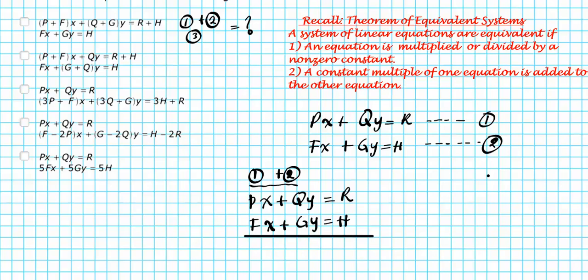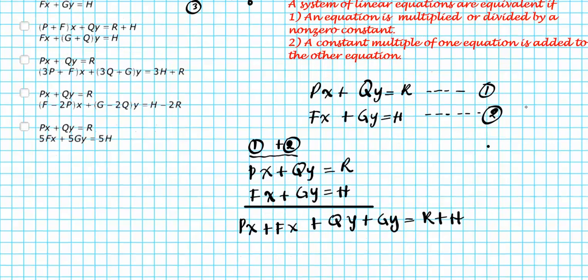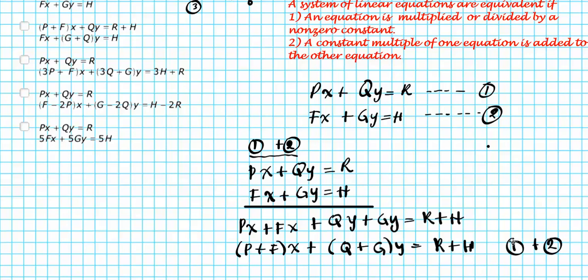When we add it up, we're going to have Px plus Fx plus Qy plus Gy equals R plus H. All right, so let's simplify a little bit further. There's X common here, so I can factor out the X. So I have P plus F times X plus, here I have Y common, I can factor out the Y, Q plus G times Y equals R plus H. So this is what 1 plus 2 should look like. We're not sure if that's what it is, but this is what it should be.